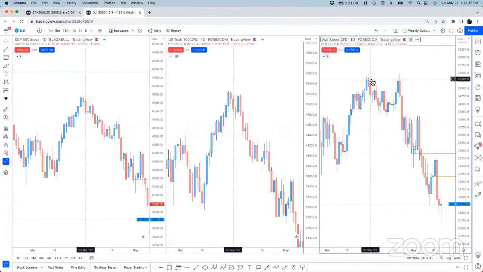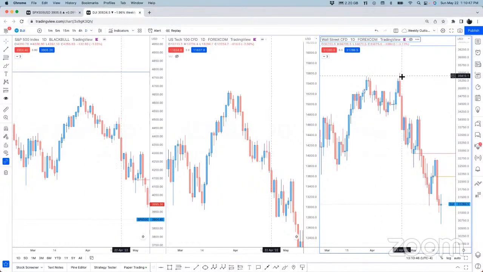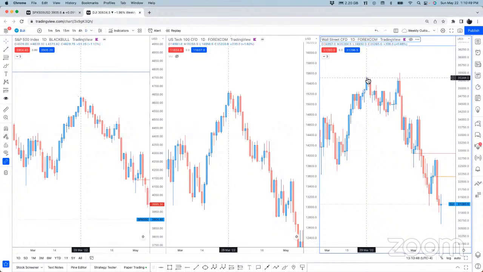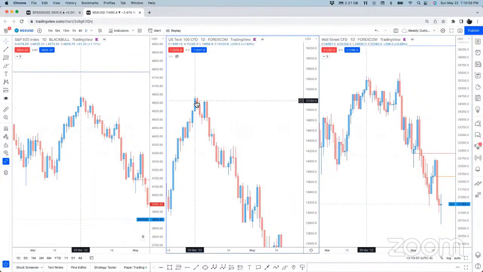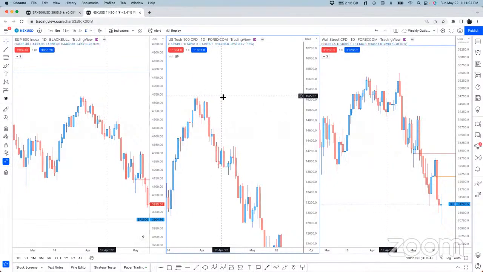We can see over here, this high and this high on US 30, the high was taken out. Over here, this same high on SPX and NAS, we didn't take this high out like we did on US 30. Here's that same candle.